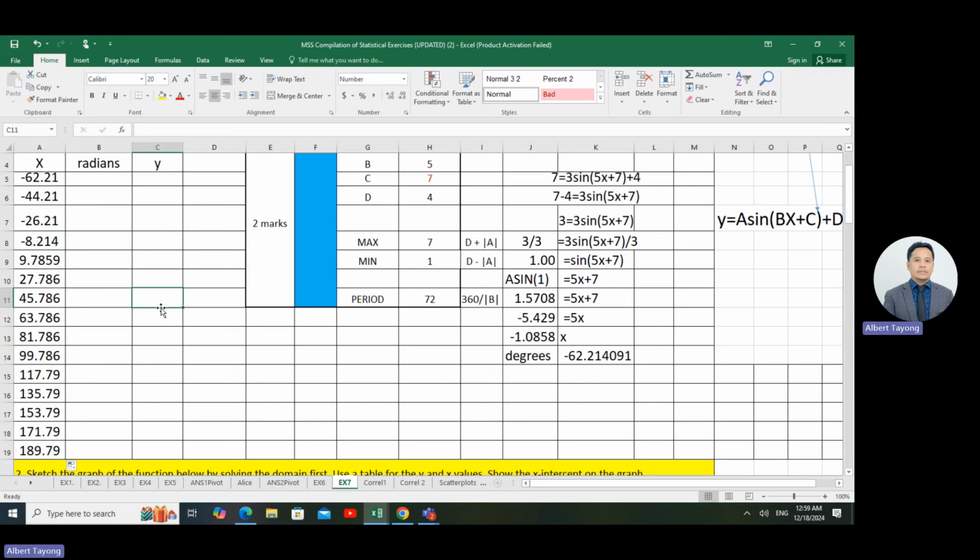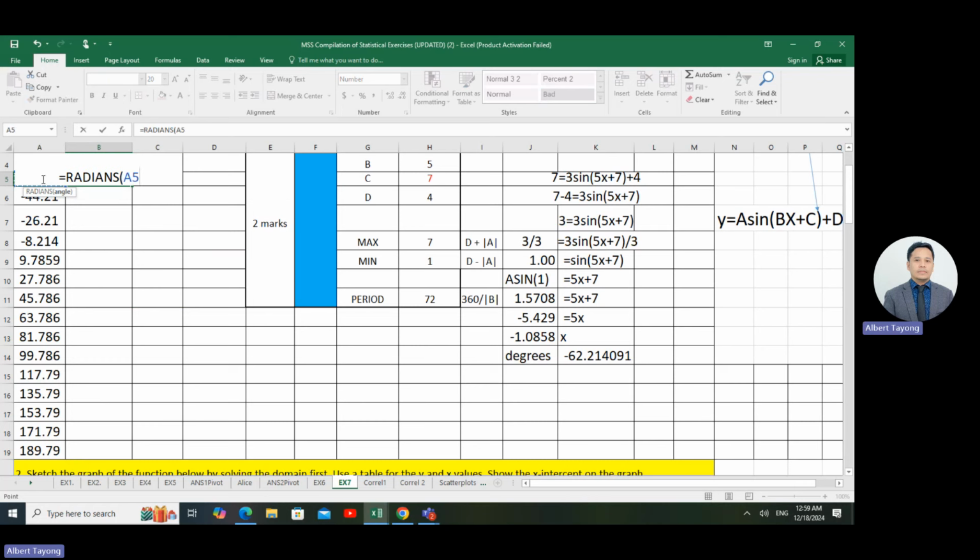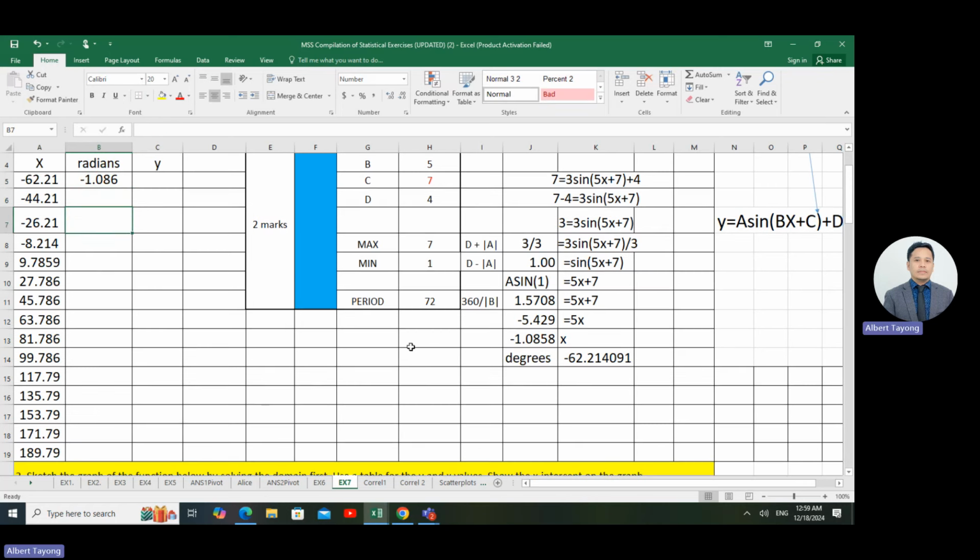Okay. Then the radians equals radians of the first, and then enter. So this is actually in radian, this negative 1.0 something here. Of course, this one is only 0.86.